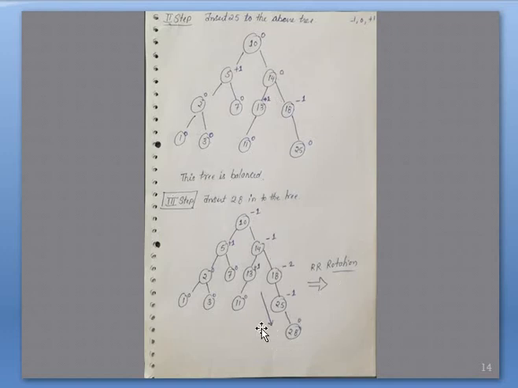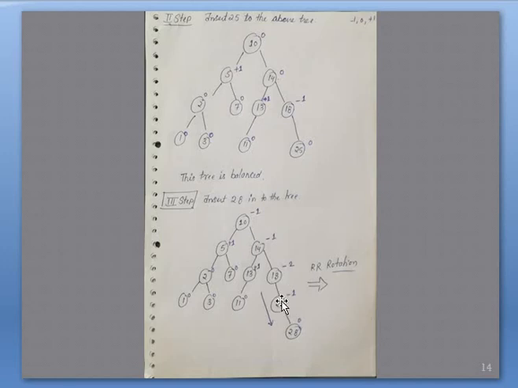The next element that we need to insert is 28. So 28 will come here. After appending 28, if we check the balancing factor, it is 0, -1, -2. So here we need to rebalance the tree.